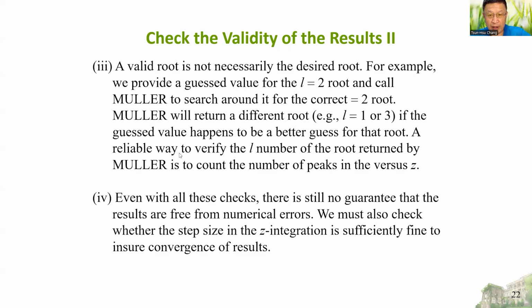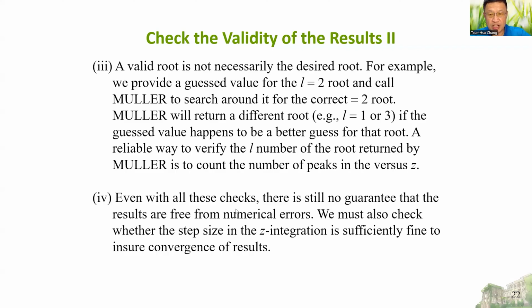A reliable way to verify the L number of the root returned by Muller is to count the number of peaks in the profile of f of Z versus Z.